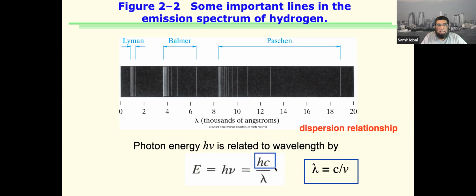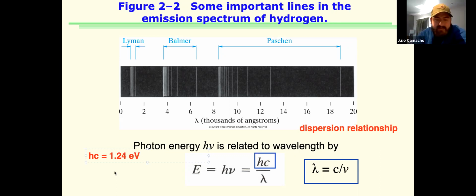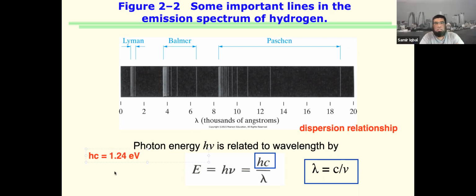How much is hc? 1.24. Just remember that. Wherever you see the hc or E relationship, it's going to be 1.24 electron volt micrometers. So is that a constant then? It's a constant. h is Planck's constant, c is the speed of light.